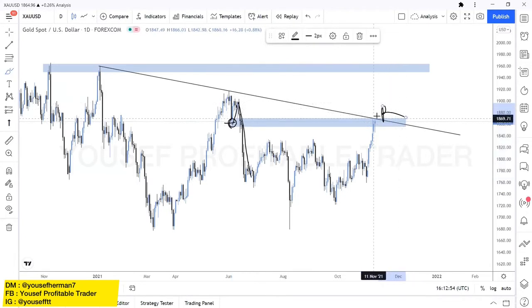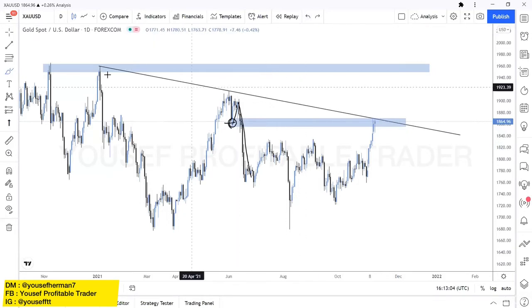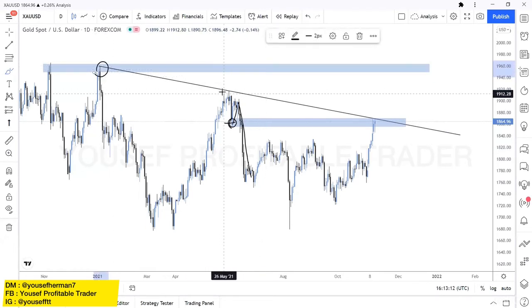Am I right? But let's say when the price breaks this zone, then it will become a support. So we need to wait for correct price action in order to get into the trade. Another thing is, as you can see here, this trend line functions as resistance as well. It rejected one time over here, second time.